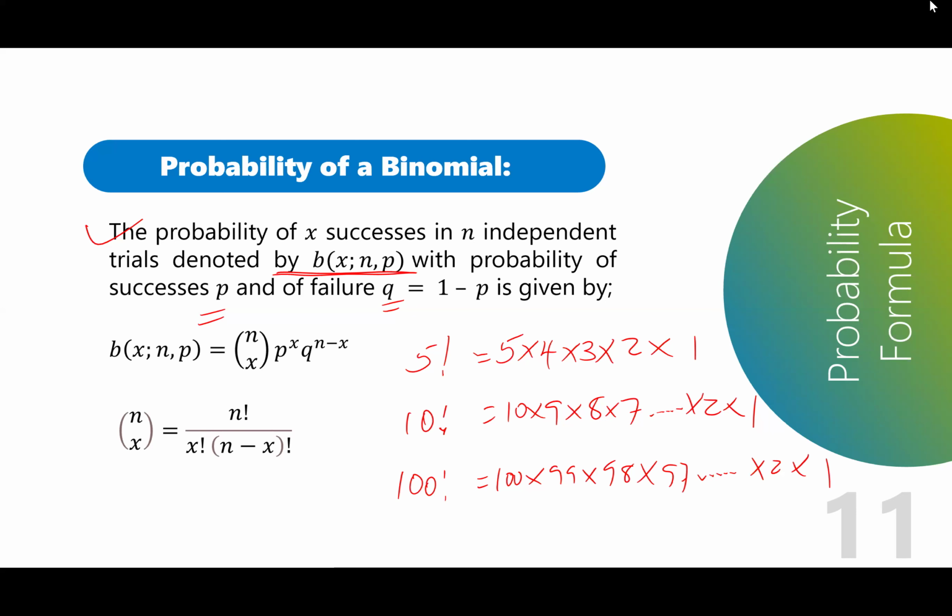So factorial notation means from that very number down to the last number.